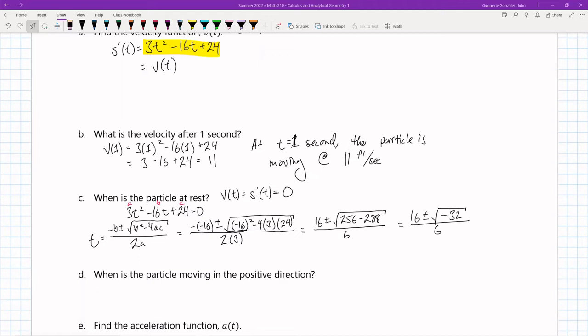So if you guys take a look, the answer that we got, this right here, the negative 32 in a square root, tells us, right, that this is not a real number.